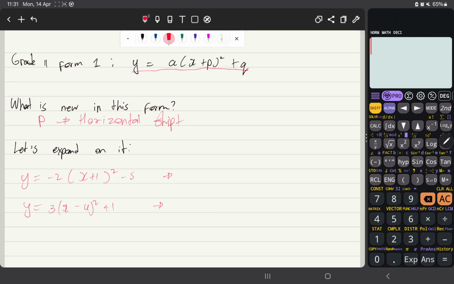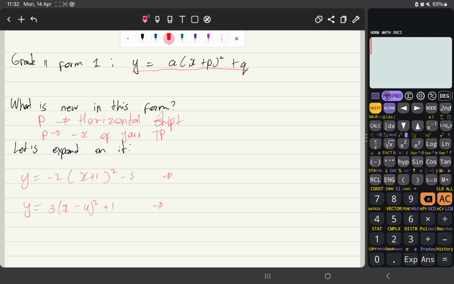So p, like I said, is a horizontal shift. And another important thing about p is that it's going to be the negative x value of your turning point.